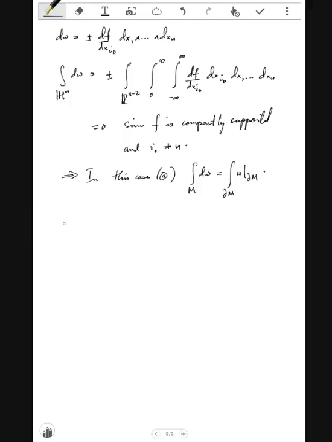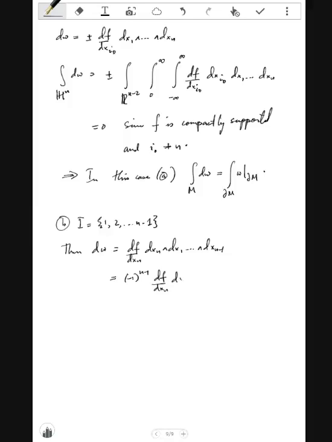So now let's consider case B. Here I is equal to 1, 2 up to n minus 1. Then d omega is equal to df by dxn dxn wedge dx1 wedge dxn minus 1. This is equal to minus 1 to the n minus 1 df by dxn dx1 wedge dxn.